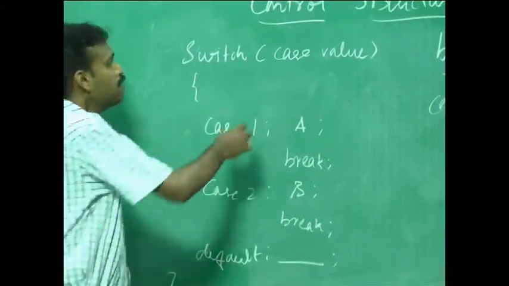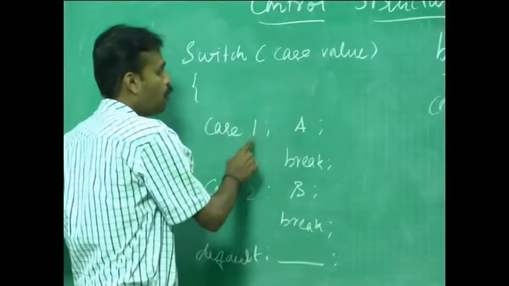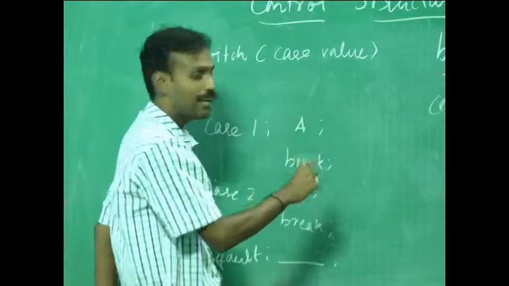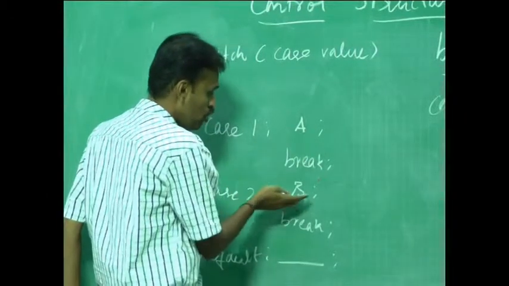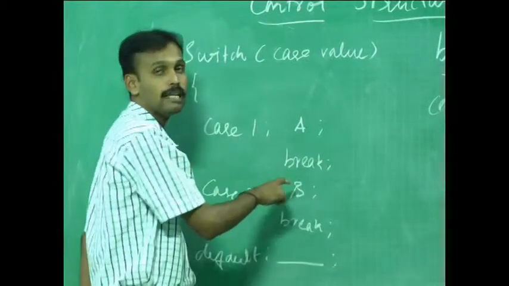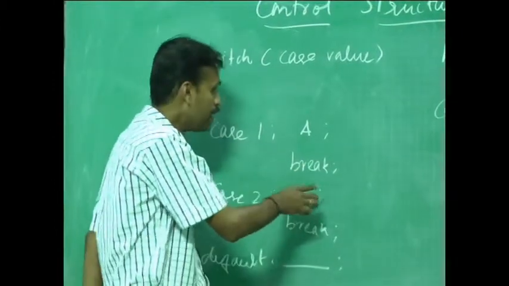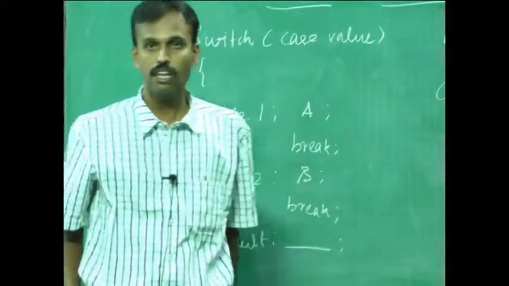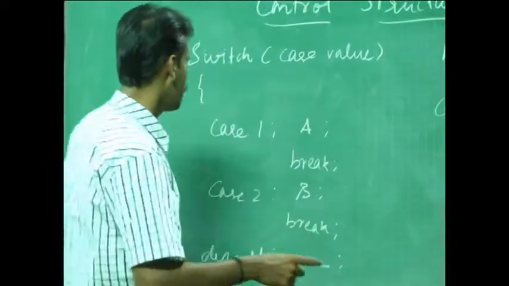That is, if this case value were to be 1, it executes this particular block. And please have it in mind that every case value should be broken. If it were not broken by the use of the keyword break, the control would tend to flow into the remaining parts of your cases, which is not advisable.